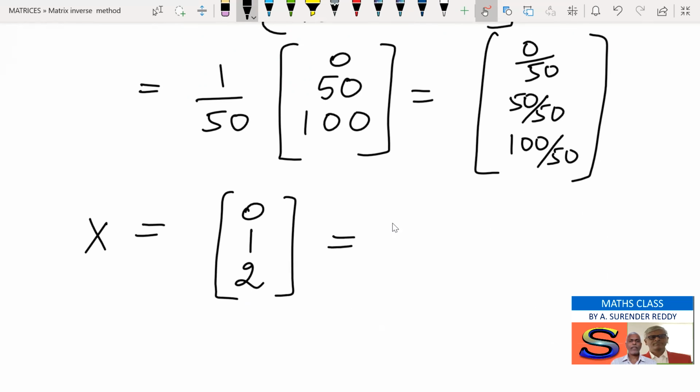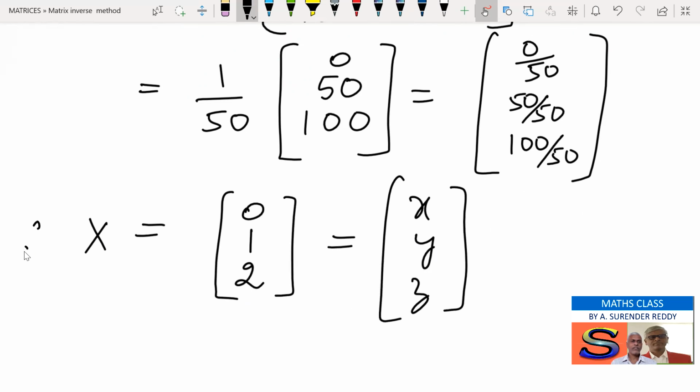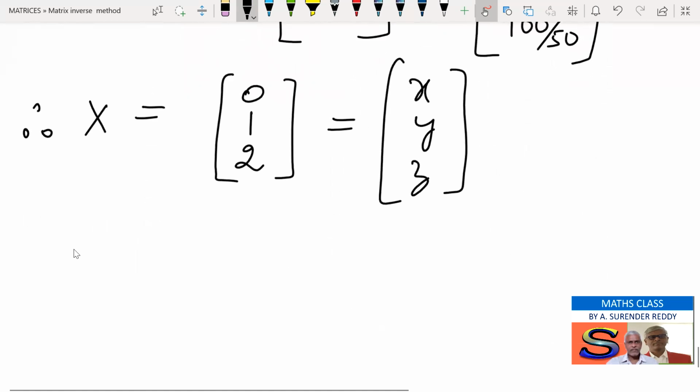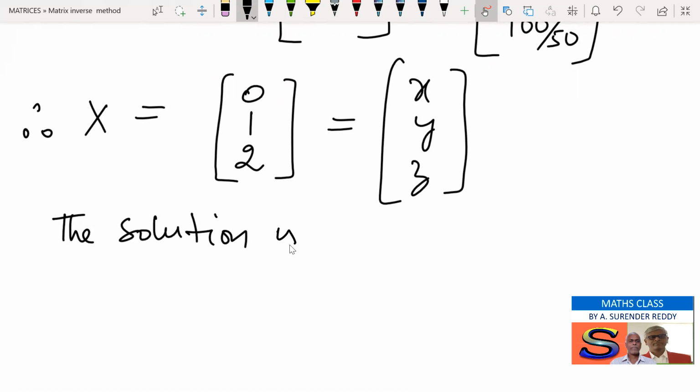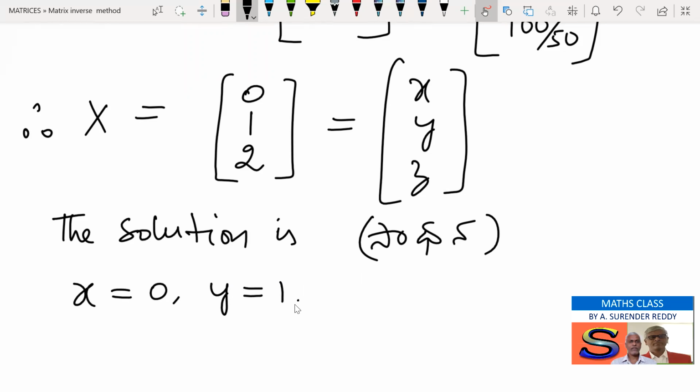So this is X, and X is nothing but x, y, z. Therefore, the solution is x value 0, y value 1, z value 2.